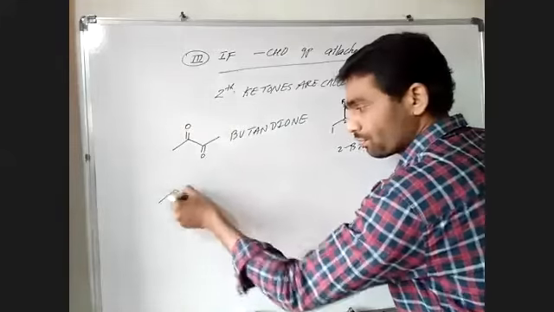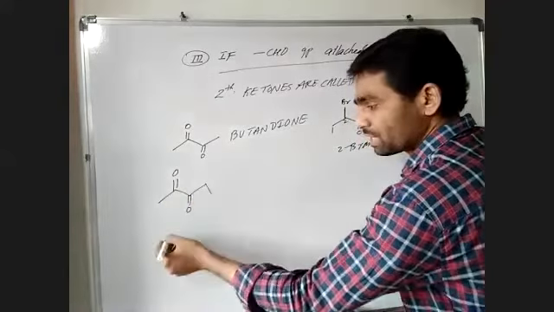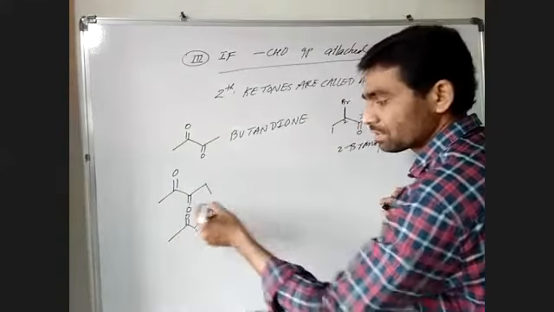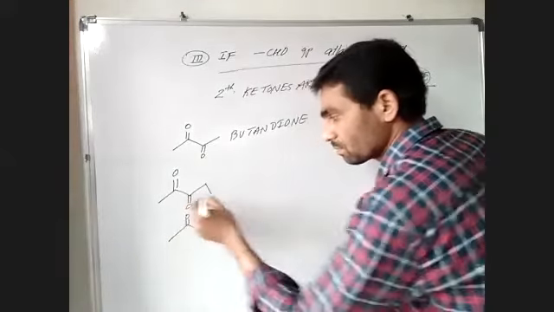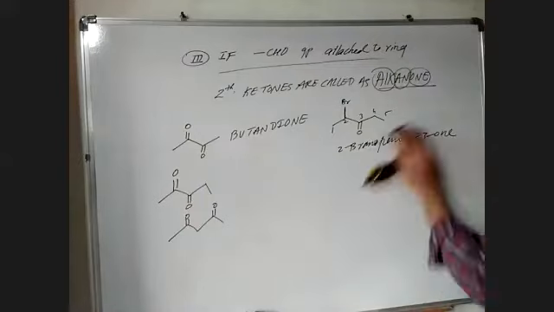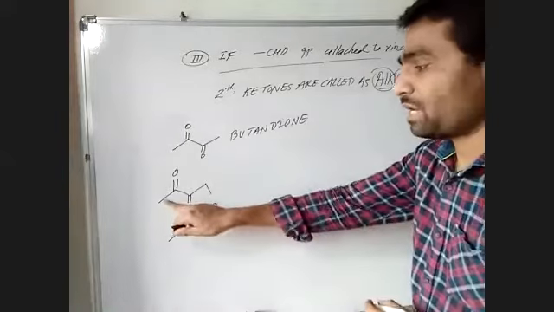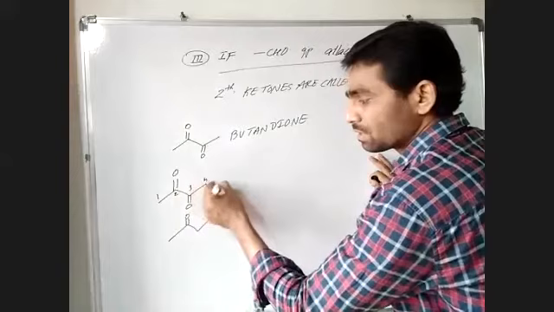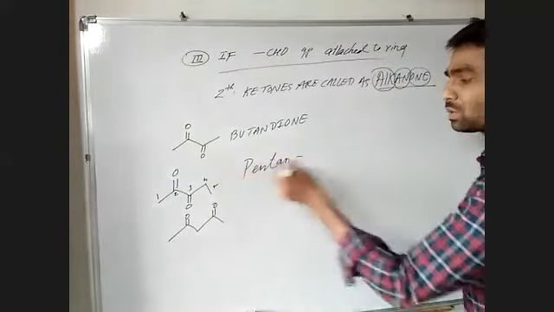Now if we have like this, one carbonyl is this one and one is this one. What will you say now? What is the name? Yes. What will you say for this? Yes, fast. Pentane 2,3 dione, numbering from one end start. Pentane 2,3 dione.